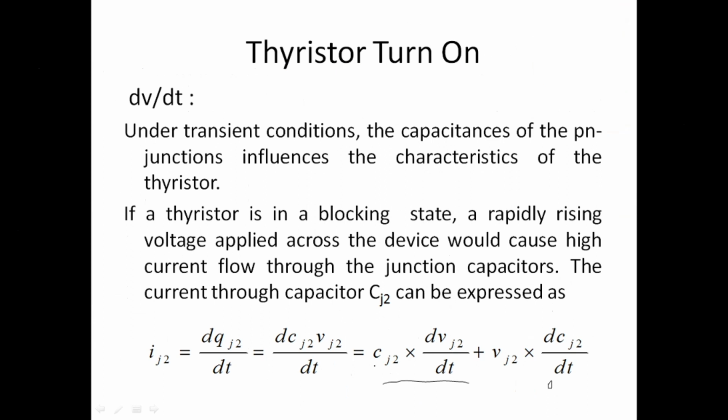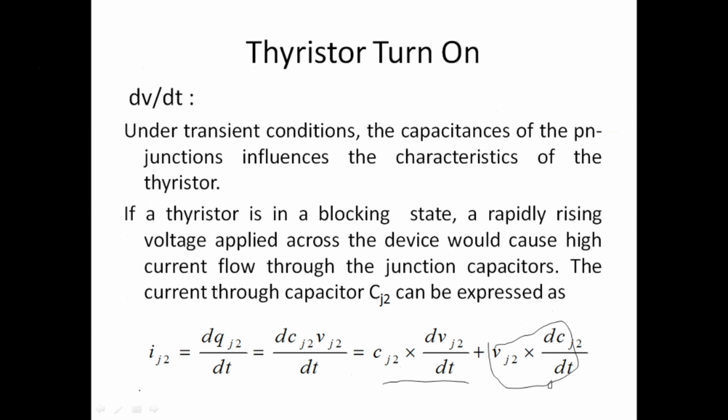This is the capacitance of that junction, and this is the variation in the applied voltage with respect to time. We assume the variation in the capacitance of the junction is 0, so forget about that part from here onwards. Just concentrate on this dominant term.